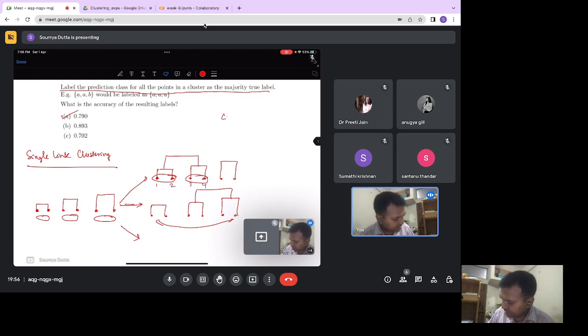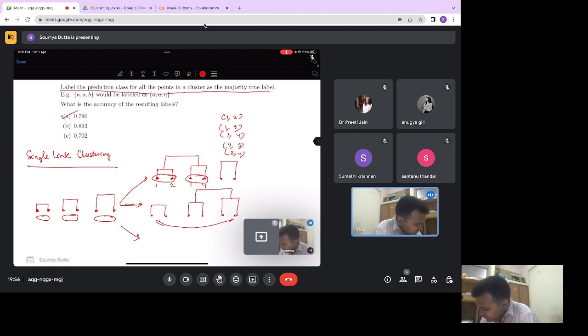You find the similarity between 1 and 3, 1 and 4, 2 and 3, 2 and 4. 1, 2 you don't need to take because they are already part of the cluster. These are the 4 similarities that you will check.